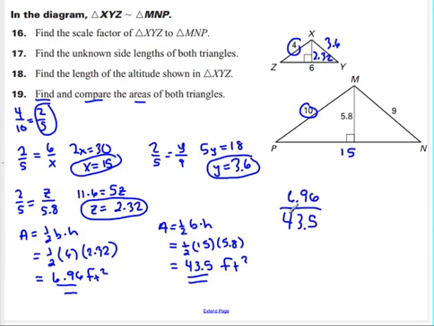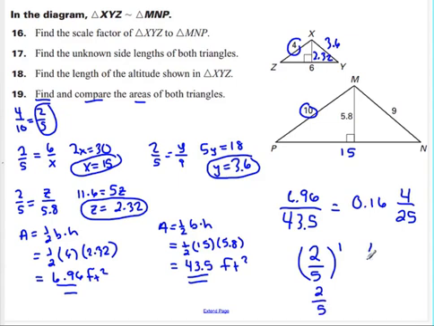6.96 over the 43.5. When we simplify this, we get 0.16, which doesn't really tell me a whole lot unless I write it as a fraction. As a fraction, this is actually 4/25. Now that might not mean a whole lot to you, but if we look at our ratio of side lengths to the first power, that's just going to be 2/5.